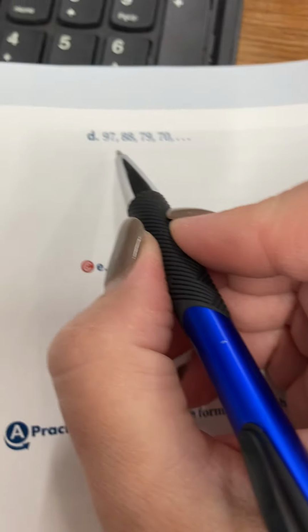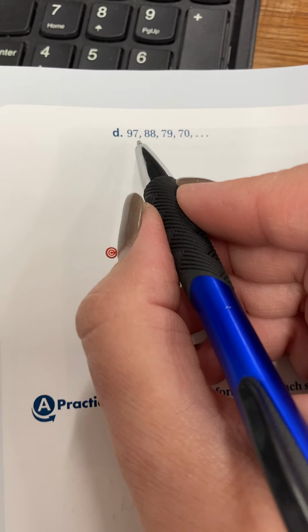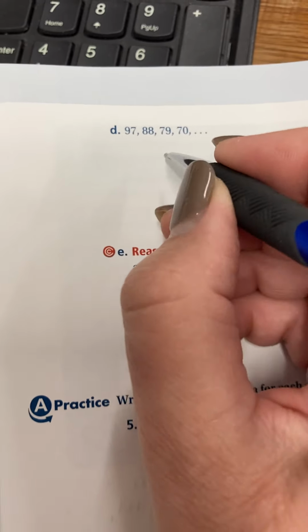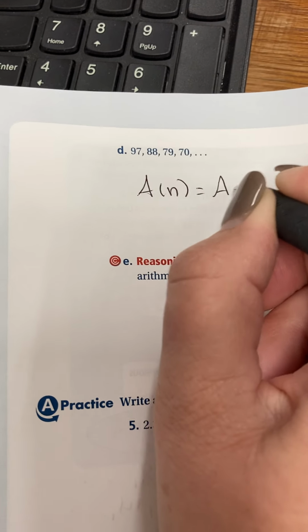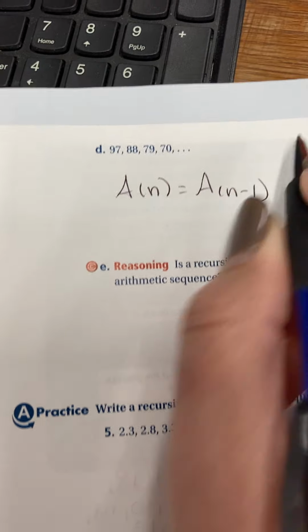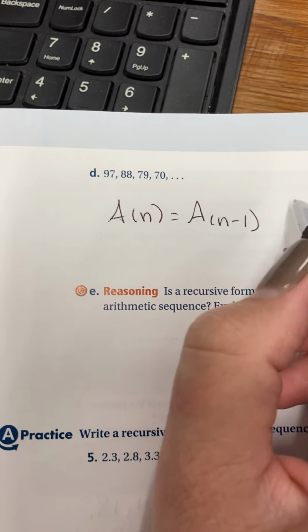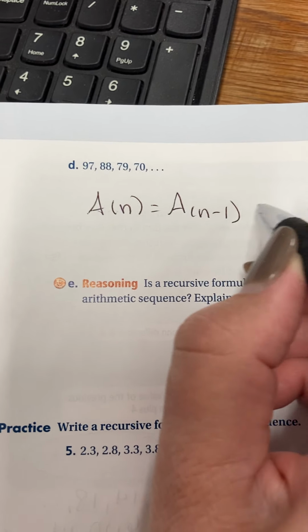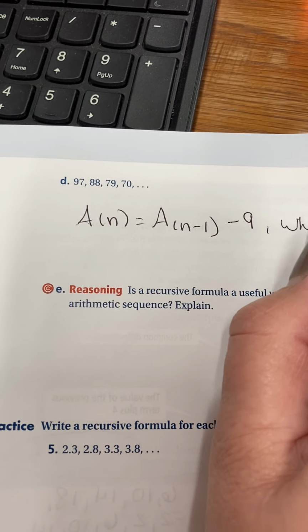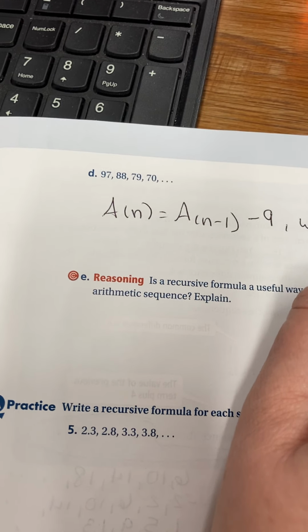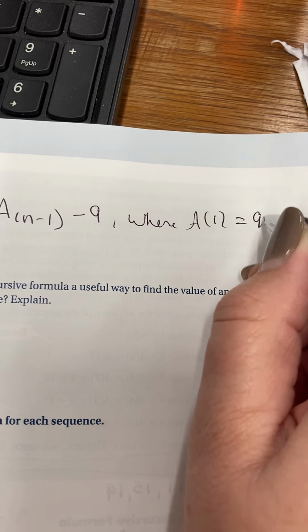So here we are going down. If you take a look at D, it looks like we are subtracting 9. All right, so your sequence would look something like this. To get to this term, you take the term before it and subtract 9, and then you put where a sub 1 equals, what is our first term? 97.